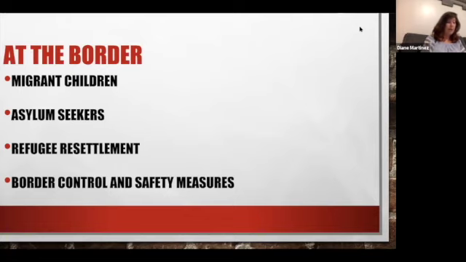And then asylum seekers. Asylum seekers are those that come to the borders because they fear for their life. They've been persecuted for one of 5 reasons, which are race, religion, nationality, political opinion, or membership in a certain political group.